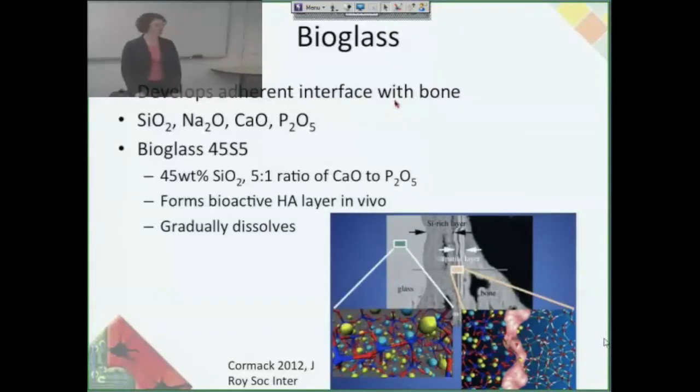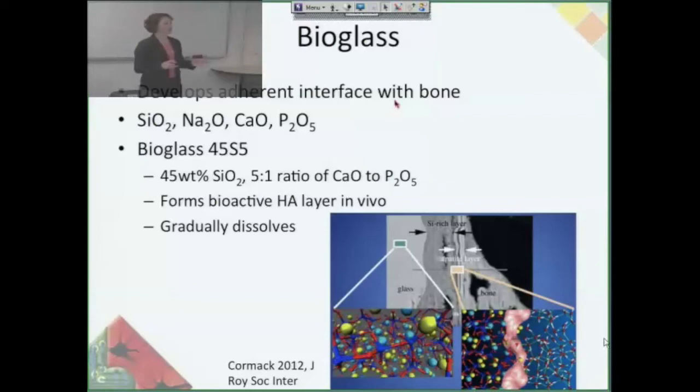Bioglass is a really interesting type of ceramic for biomaterial applications because it forms a covalent interface with bone, which is a bioactive hydroxyapatite layer, so it's a ceramic layer in there.